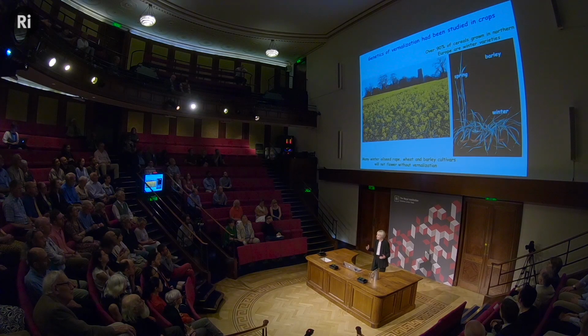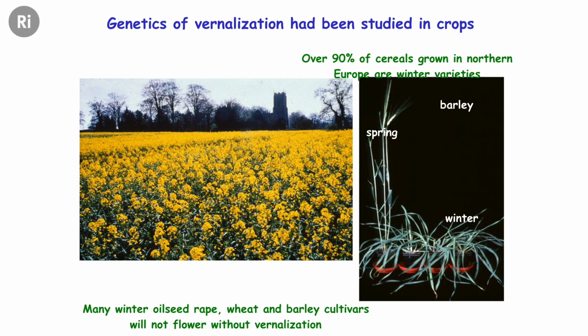And at the Institute at the time, we had absolutely no idea about the molecular basis of any of these processes. What we did know was some understanding about the genetic basis, because vernalisation is very important for many of our major crops. So oilseed rape, winter wheat, barleys are all bred both as winter types and spring types to extend the geographical range where they can be grown.